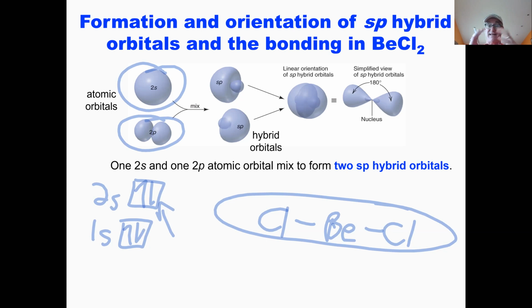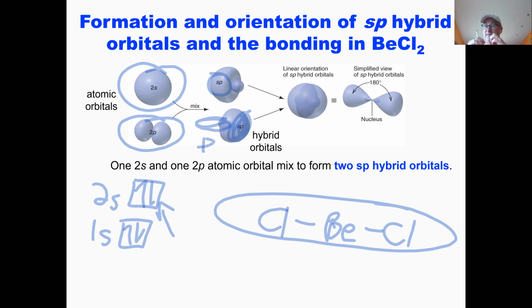What happens is that you blend the s and the p together to make what's called an sp orbital. Now, an sp orbital kind of looks like an s orbital a little bit, and kind of looks like a p orbital a little bit. One side, the big fuzzy side, looks like the s part, and this one here looks like the p part.